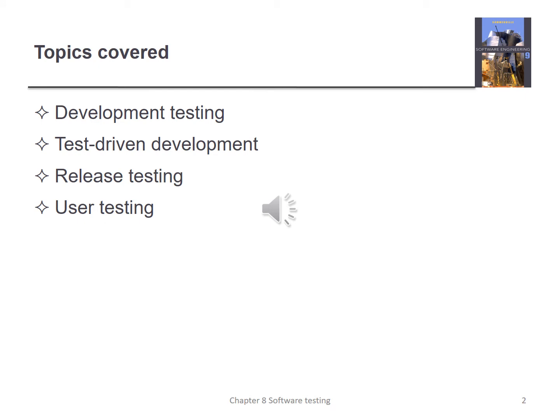The topics we cover are development testing, test-driven development, release testing, user testing, and many different types of testing and key terms, and we'll find out about them in this lecture and the coming two lectures.